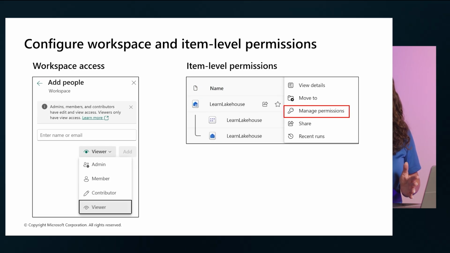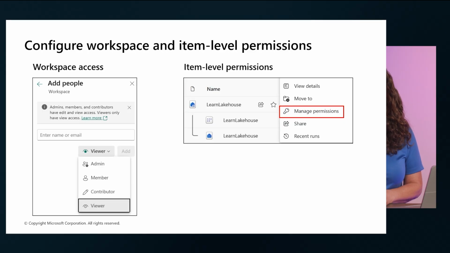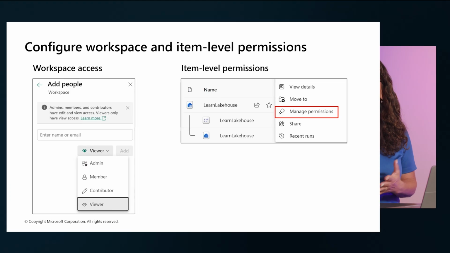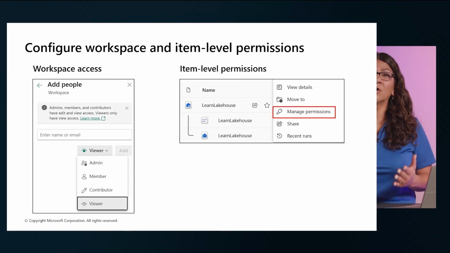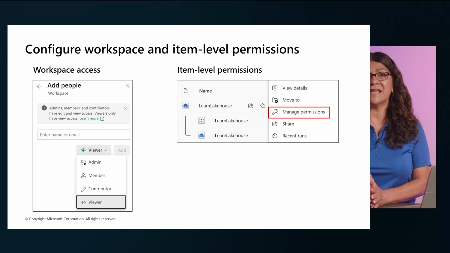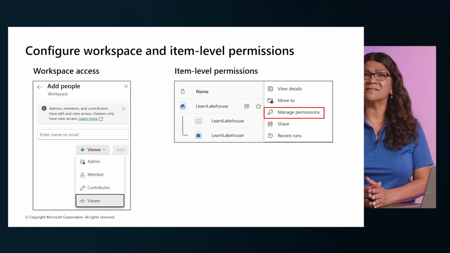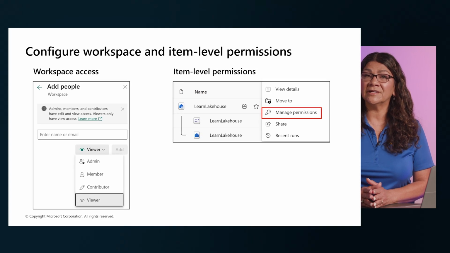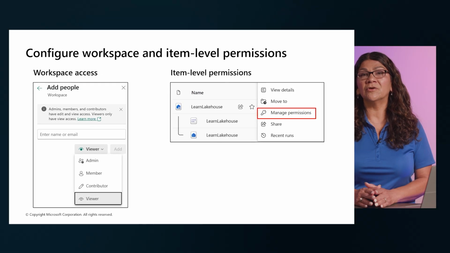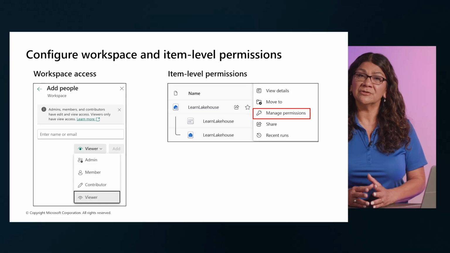Since the engineer no longer needs to view all the items in the workspace, the contributor workspace role can be removed and item permissions on the Lakehouse can be configured so the engineer will only be able to see the Lakehouse, metadata, and data, and nothing else in the workspace. This item access configuration helps you to adhere to the principle of least privilege, where the engineer only has access to what's needed to perform their job duties.